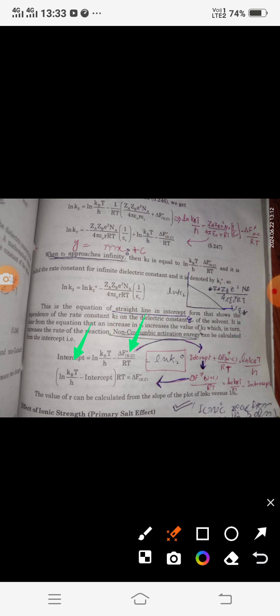So when we take this intercept to the left side, it becomes negative. So it becomes natural log kBT over h minus intercept. As you know that RT on the left side is dividing, when it comes towards the right side, it starts multiplying.